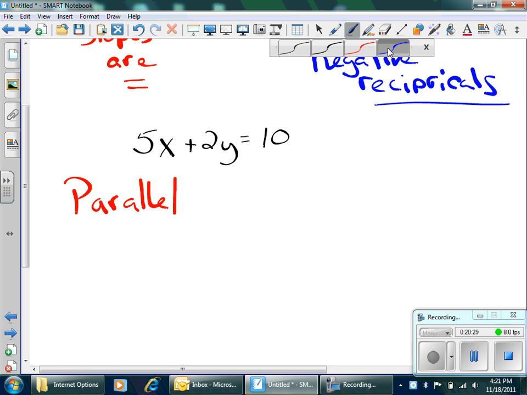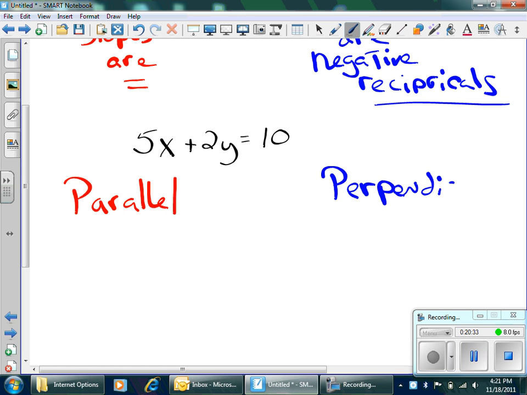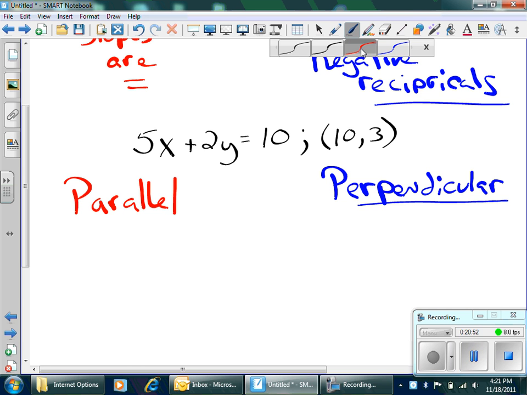And I want to know the equation of a line that's perpendicular to it. Perpendicular. But I have to put a stipulation on here. These are both going to go through the point 10, 3. Okay, so do the parallel one to get the parallel line.